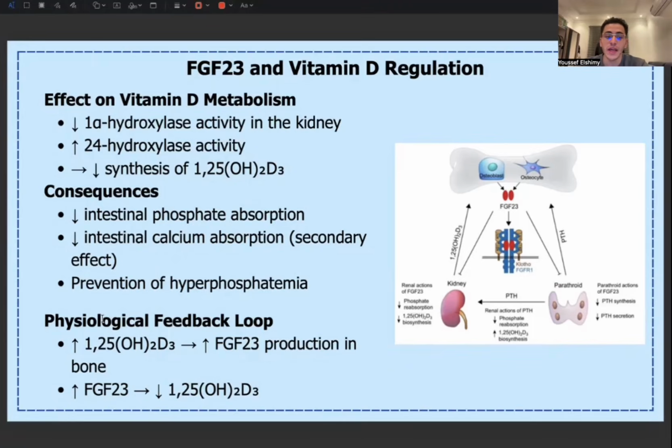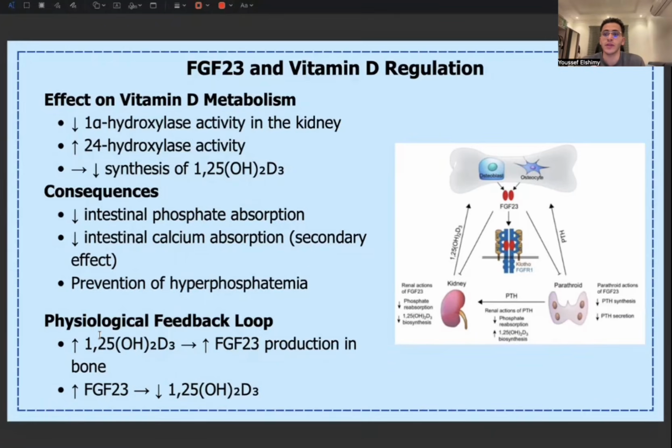And there's also a physiological feedback loop. Whenever the active form of vitamin D is high, it leads to the increased production of FGF23. Why? Because vitamin D raises calcium and phosphate levels.